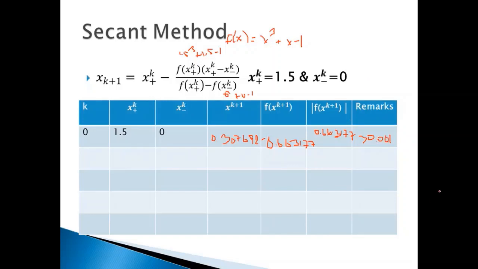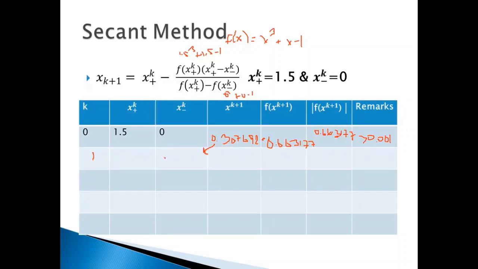So, since it is still greater, we will create another iteration, and one of the two will be replaced by xk plus 1. What we look at is f of x. Your f of x is negative, so your x negative here will be replaced by the xk plus 1 value.